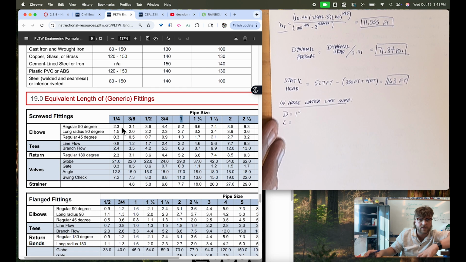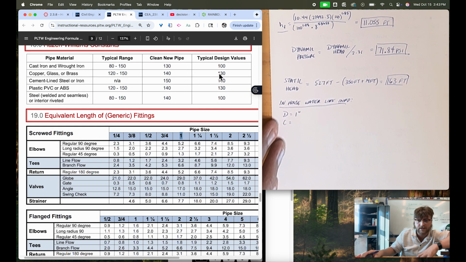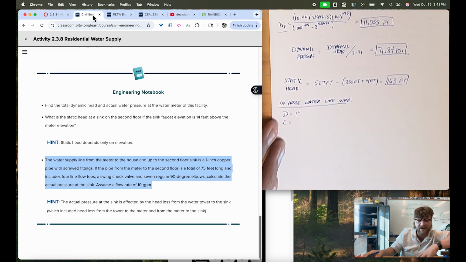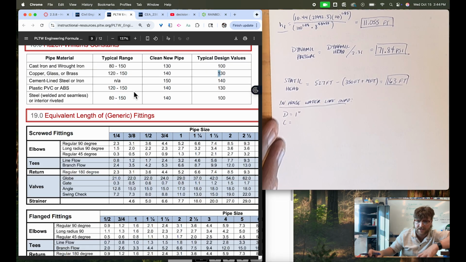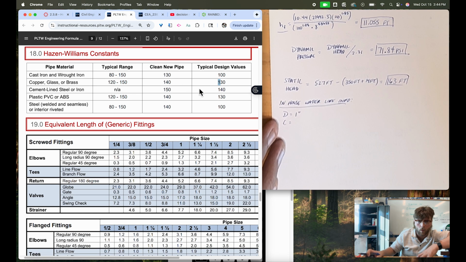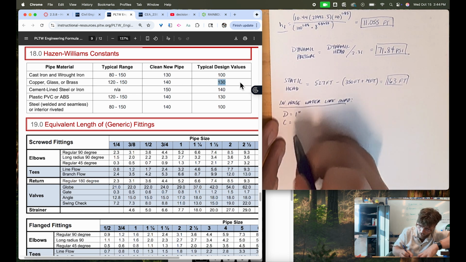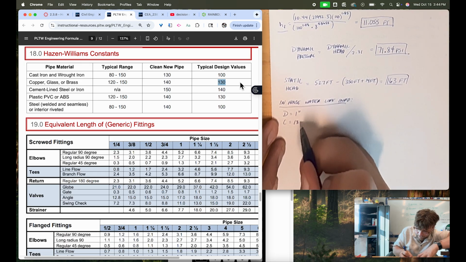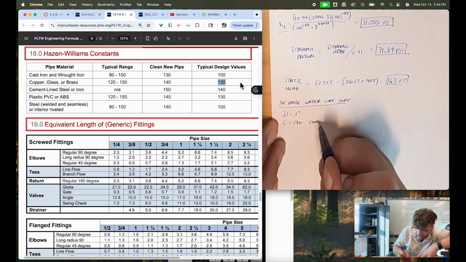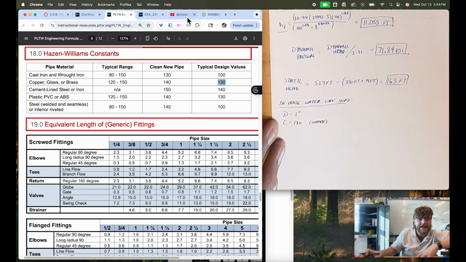So if we go in here, we can find for copper, I'm guessing we're going to be using the typical design value. Let's make sure it doesn't say that it's a new copper pipe. No, it does not. So this is for the typical design value, it's 130. So C is 130, and why is that? Because it is copper. So I'm going to put that in parentheses too.